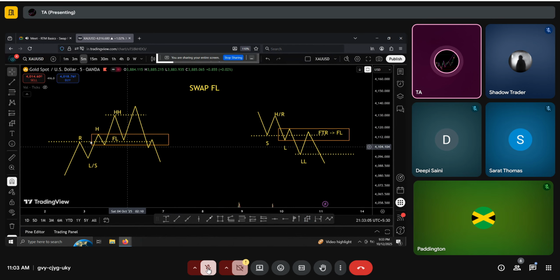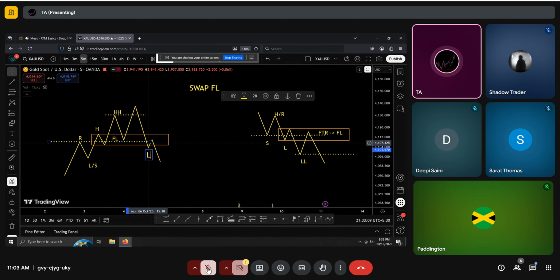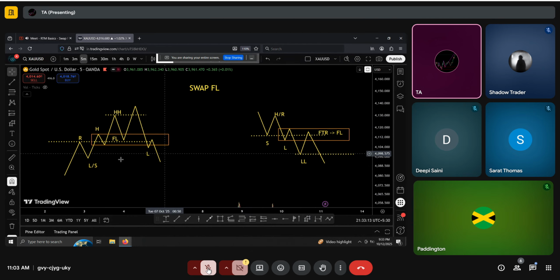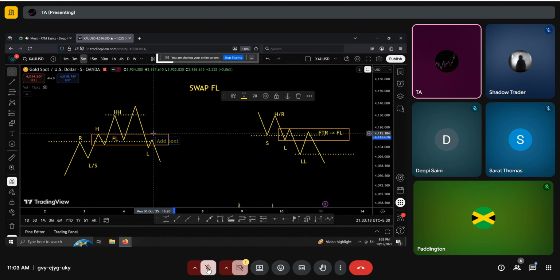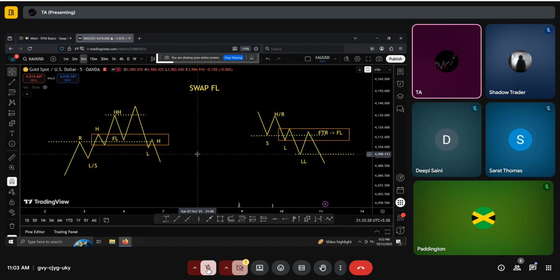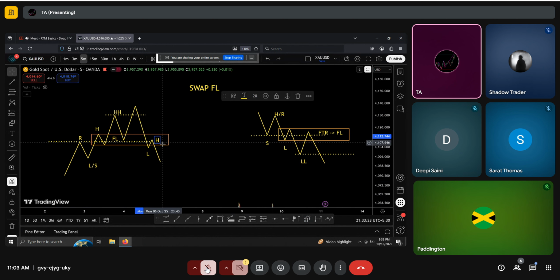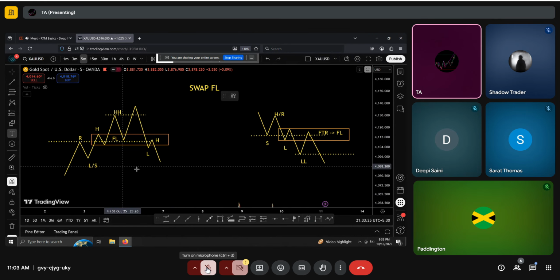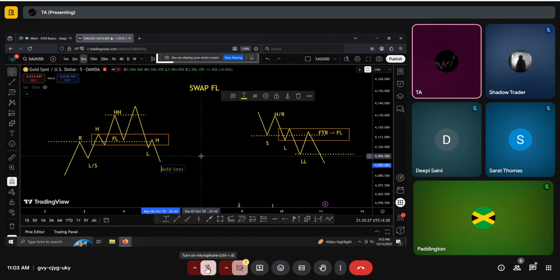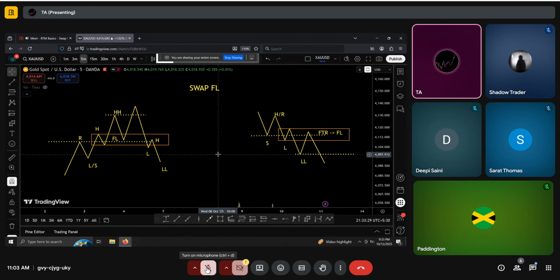Comes down, makes this low, breaks this FL, makes the low, and then makes a high, right? And then again makes a lower low.